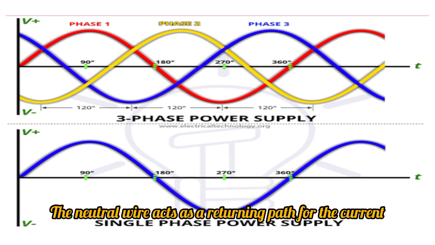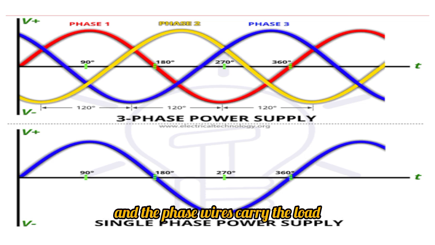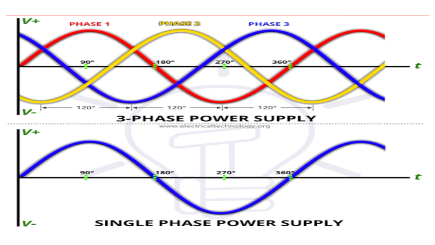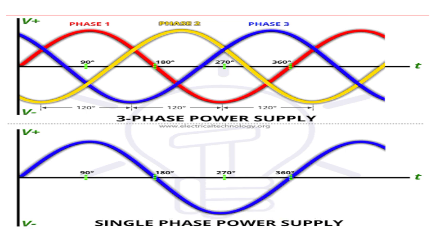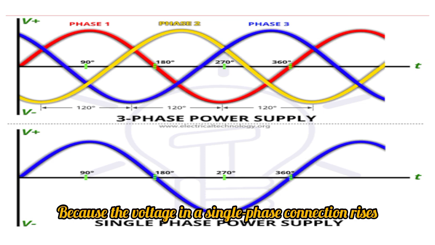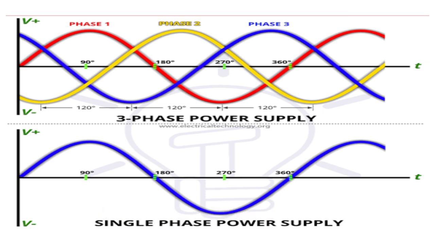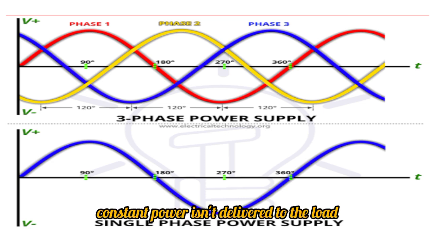The neutral wire acts as a returning path for the current and the phase wires carry the load. In a single-phase connection, the voltage starts at 230 volts and has a frequency of about 50 Hz. Because the voltage in a single-phase connection rises and falls constantly, constant power isn't delivered to the load.